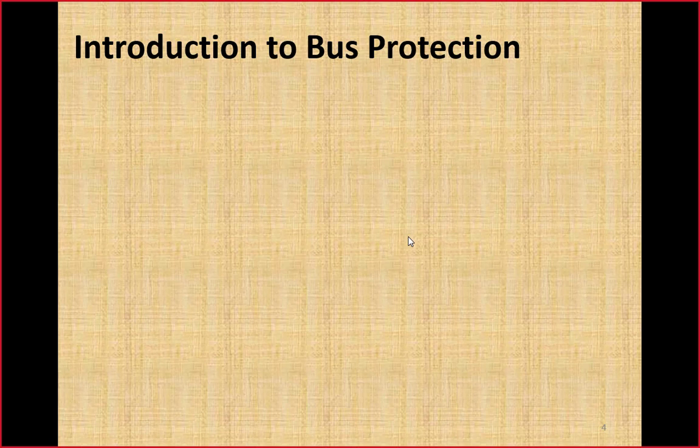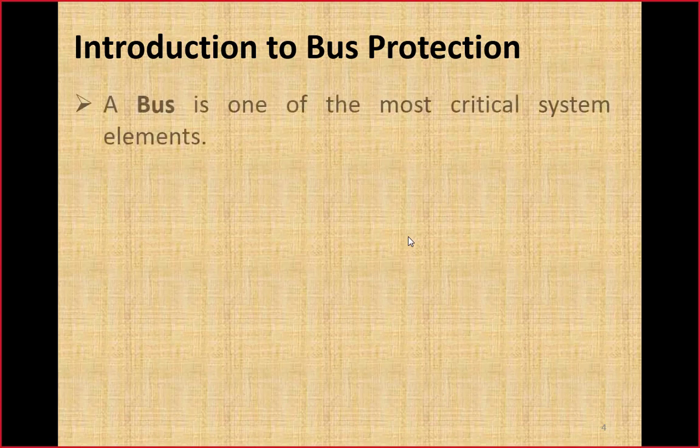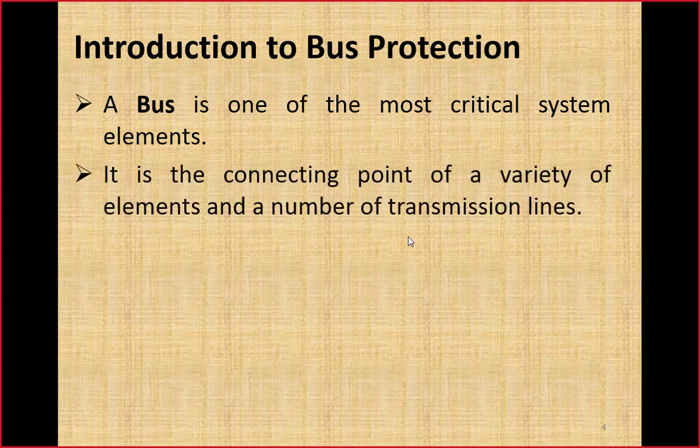Here we start discussion about the protection of bus in a substation. Remember, a bus is one of the most critical system elements, because it is the connecting point of a variety of elements and a number of transmission lines. For example, in a substation, all the incoming and outgoing lines are connected to the bus.